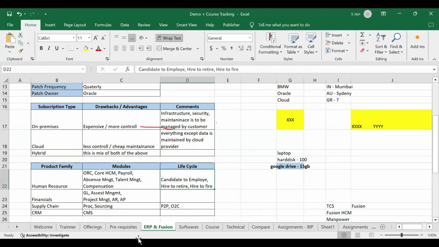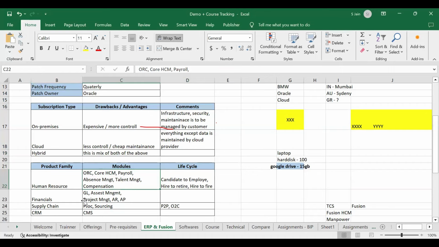Okay. So guys, as we discussed, the main areas that any ERP product may be offering are 3 major products: human capital management, financial management, and supply chain management. Each of these product families has different modules, like to recruit the employee, to manage the employee, to run the payroll of the employee, to manage the absence of the employee.